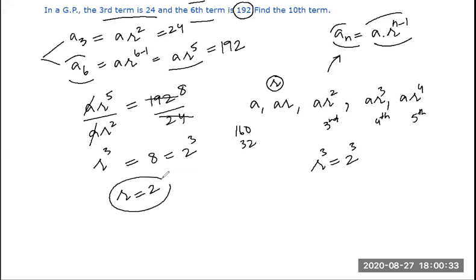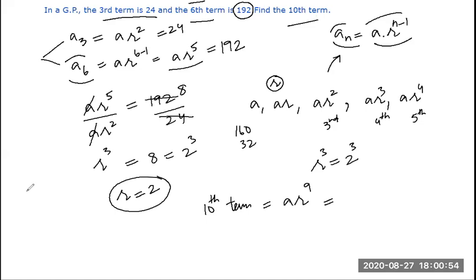That is the common ratio. But we have to find the 10th term. So what will be the 10th term, students? Arjinder, please tell me. It will be AR raised to power 9. Do we know A? We don't know A, sorry. We have to find A also.